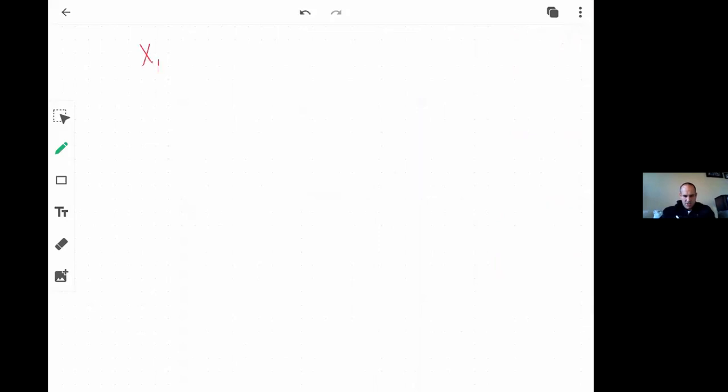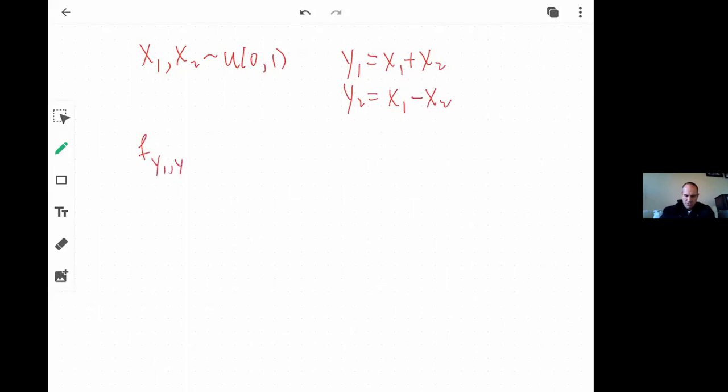So remember, x1 and x2 were distributed as uniform 0, 1s. And y1 is x1 plus x2, y2 is x1 minus x2. So f y1, y2, the joint density, little y1, little y2, is 1/2 times the density for x1 and x2 with variables replaced by those things.